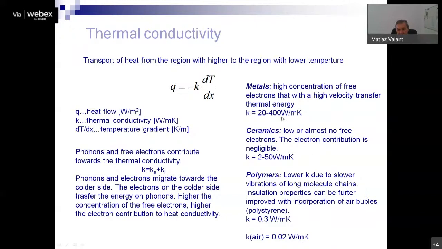So the metals would be used when we need high thermal conductivity. The ceramics are normally used when we do not need it, or we really want to isolate a material for some thermal environment, some hot environment, or even cold environment.